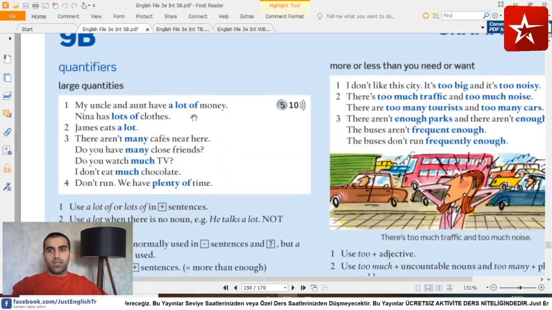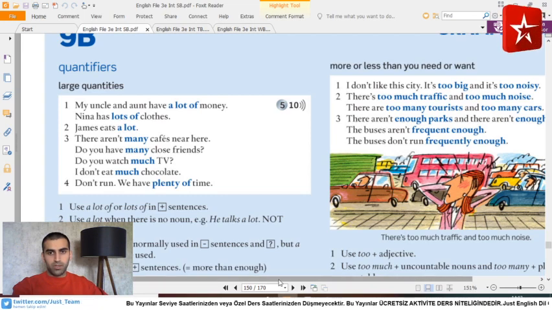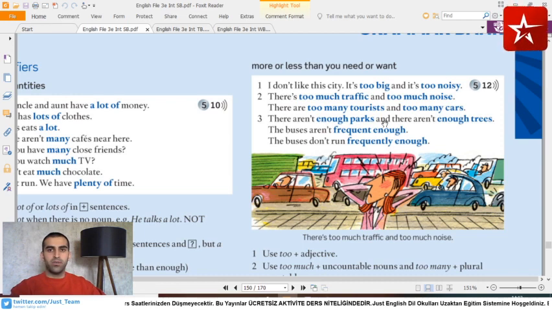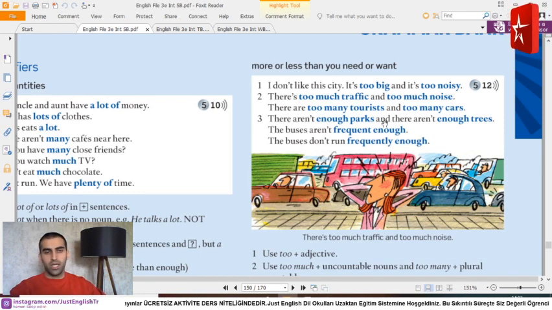And the next rule is about more or less than you need or want. As you see from the text here, more or less than you need or want. In this case, we use too in front of many, much, and we have enough. We have different rules as I said here.